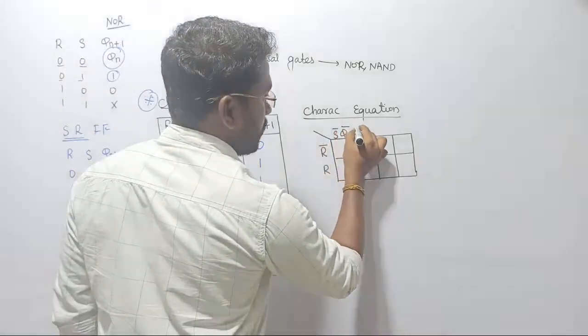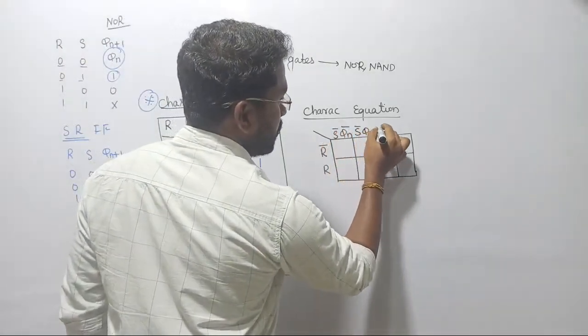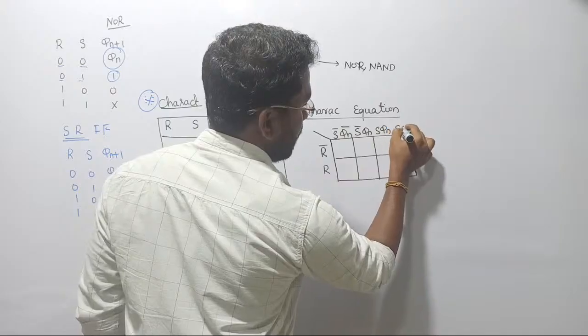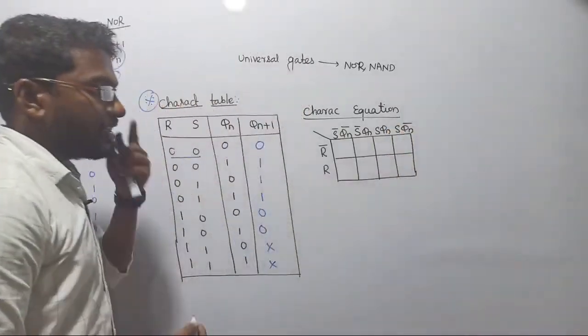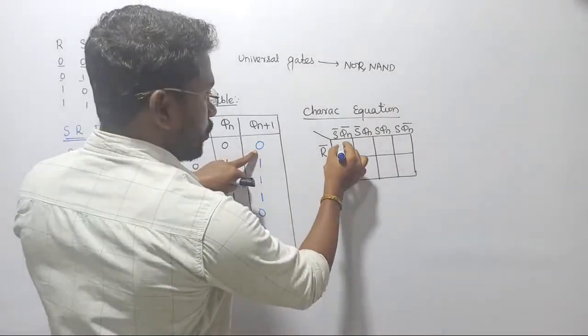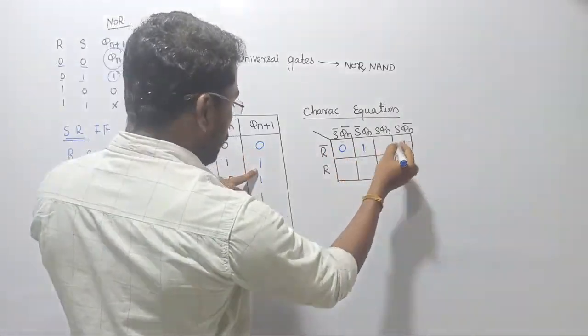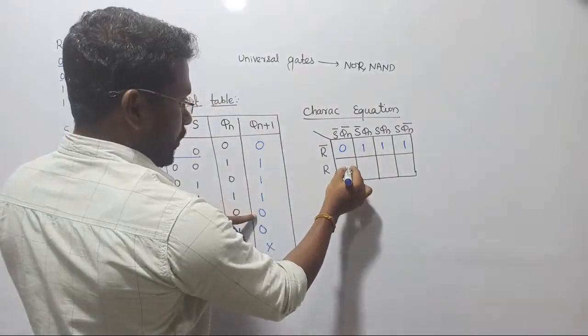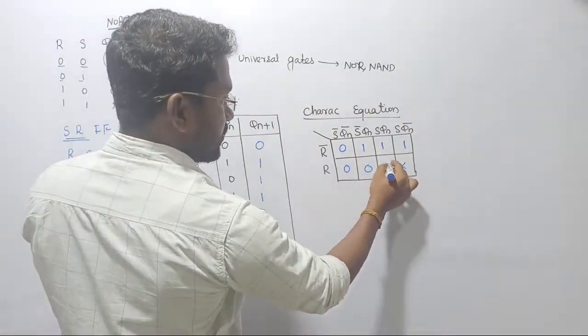S bar Qn bar, then S bar Qn, then S Qn, then S Qn bar. Let us register the variables into the corresponding blocks. See, for the first 0, I have 0, 1, 2, 3, and then 4, 5, 6, 7.